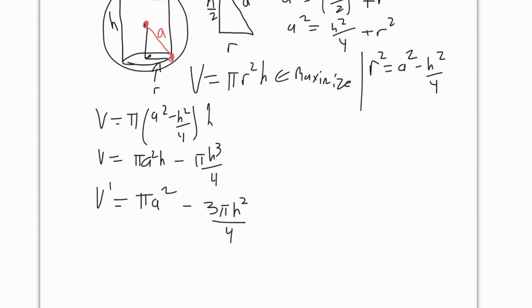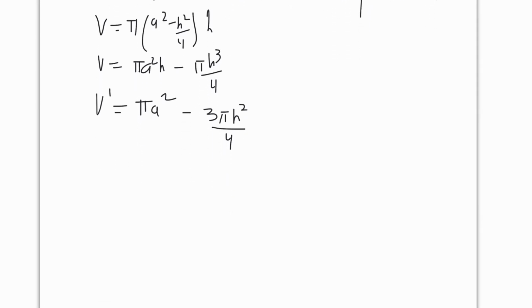Alright, let's try to set this up so we can do our sign diagram. So I'm going to factor out, first make a common denominator, so this would be over 4 times 4. So I get 4 pi a squared minus 3 pi h squared over 4.